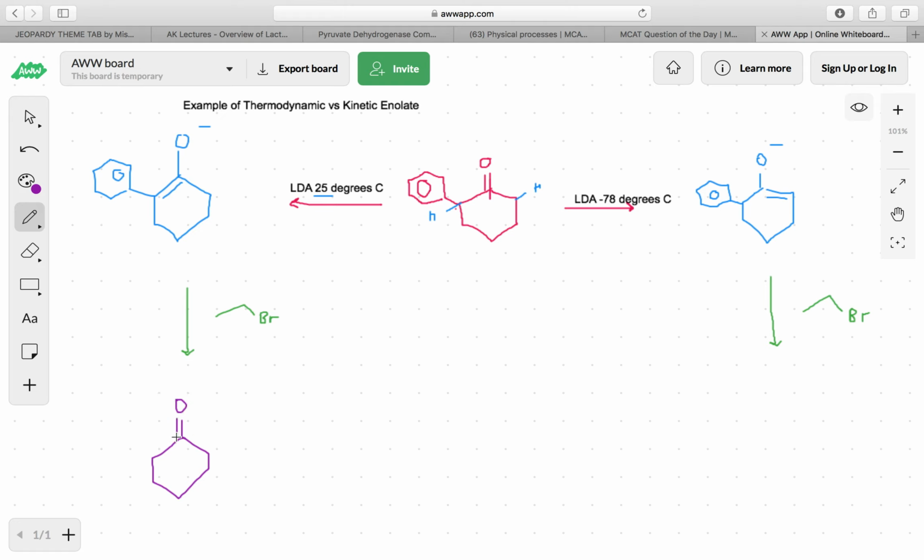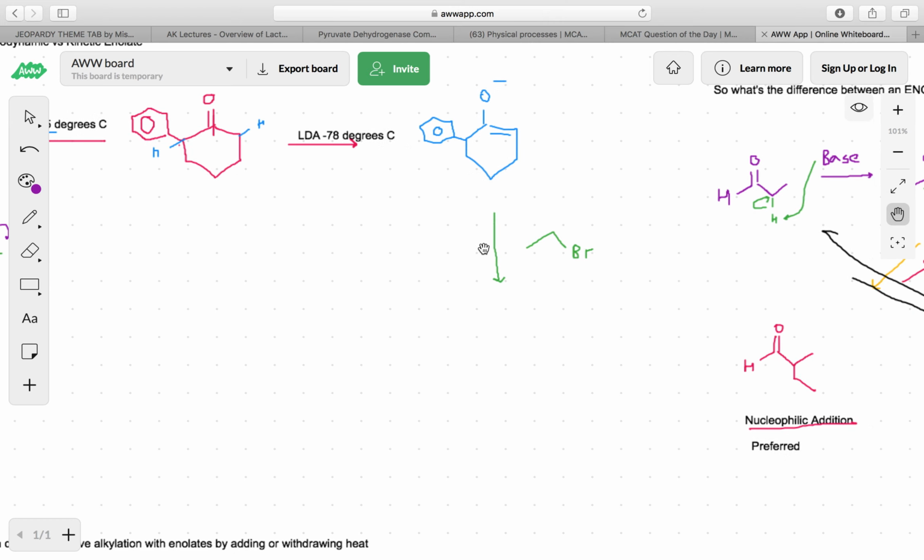this. So our O- comes down, and then our pi bond is used to attack this and kick off the bromine. So we have two carbons adding on, so it should be 1, 2. Over here, it's a similar line of thought.